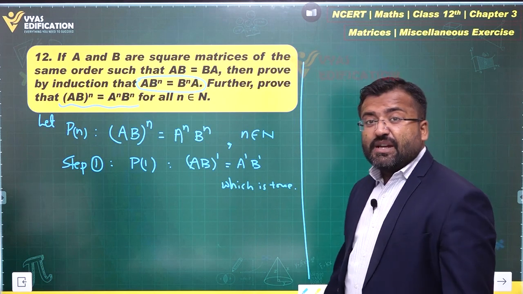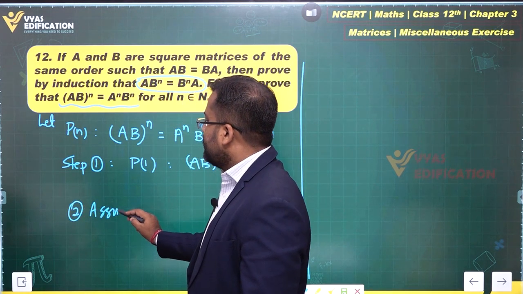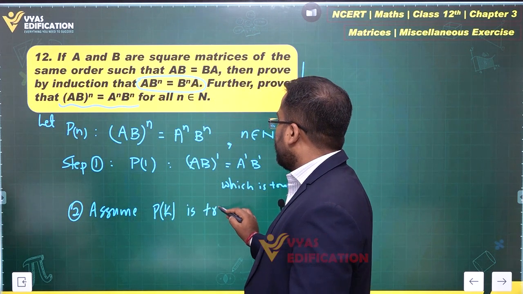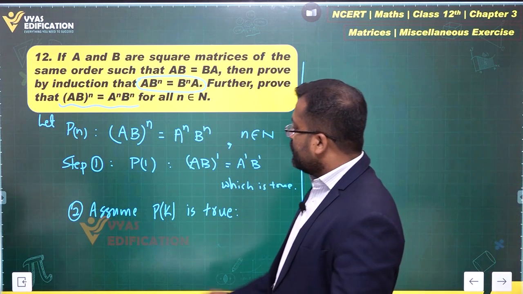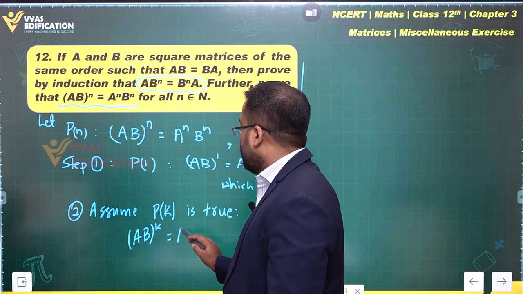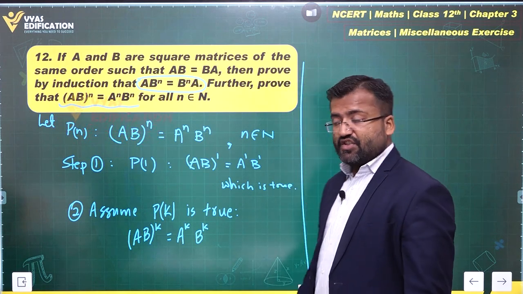Principle of mathematical induction step 2 says that assume Pk is true. What does that mean? Pk is true implies that AB power k is equal to A power k B power k is true. This is assumed.